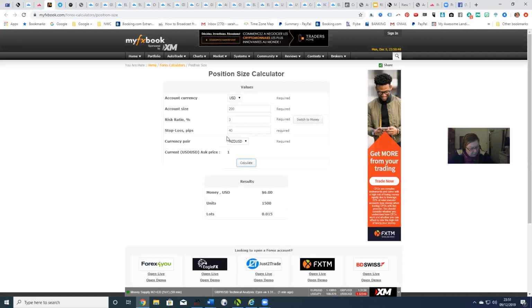So if you want to get to that figure that you told me, you're going to need to grow an account so that you're not risking more than 3%, and so that your lot size is accurate and worth so many pips. You see what I mean? Because 0.02 is worth 2 cents, 0.03 is 3 cents per pip, 0.04 is 4 cents.